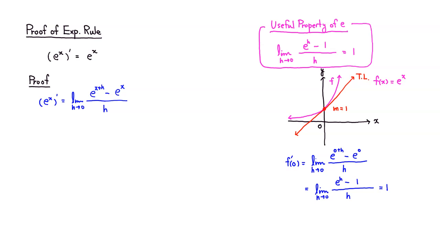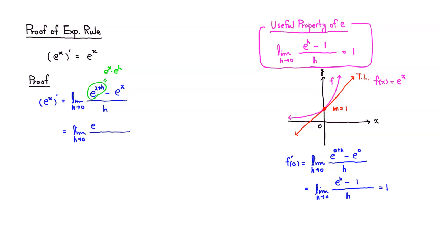Using the exponential property, we can split this expression as e to the x times e to the h, which means we have a common factor in the numerator. Let's pull that out. The common factor in this case would be e to the x.